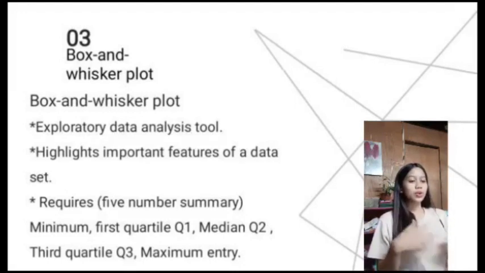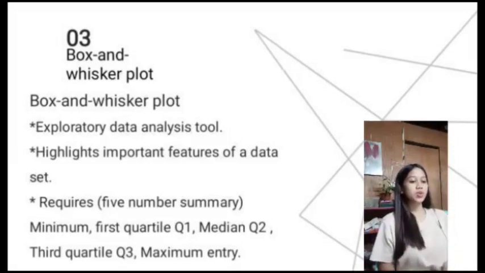Then we draw a horizontal scale that spans the range of the data, and then project the five numbers onto the scale. For example, if the data set goes from 10 to 100, I can have a scale from 5 to 105 to leave a little space.